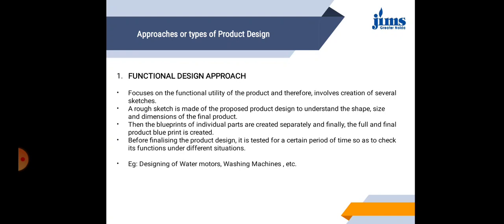On the basis of this blueprint, the final product is created and developed, which is further tested for a certain period of time so that its functions can be checked under different situations. Such a kind of design approach is usually followed in technical products like designing of water motors, washing machines, etc.